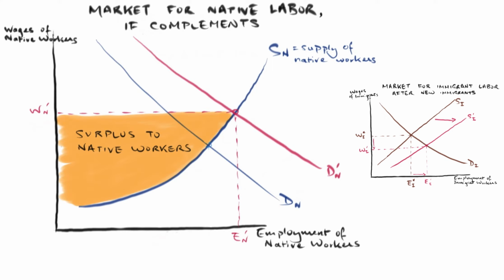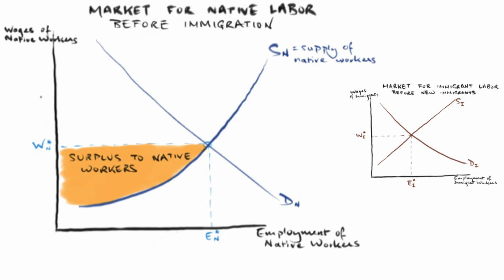And surplus is actually the more official way of measuring the benefit to the native workers. Surplus is everything below the wage down to the labor supply curve as far out as the number of workers employed. So here's the surplus after the arrival of the new immigrants, in contrast to before.